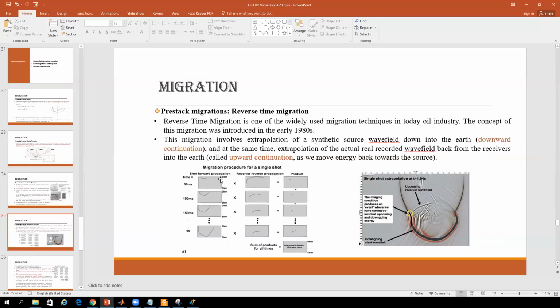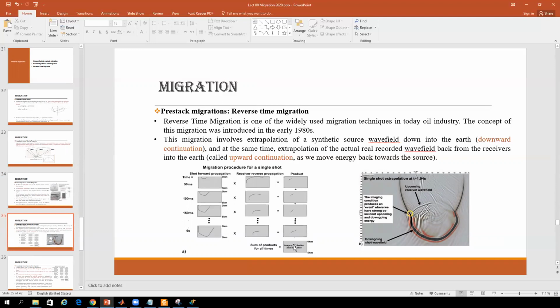So it requires too much computation, too much theory, and too much solution in order to solve the wave equation and produce the migrated image of the Earth.